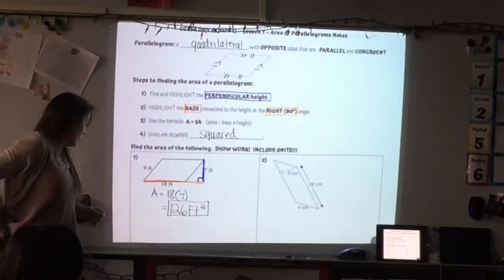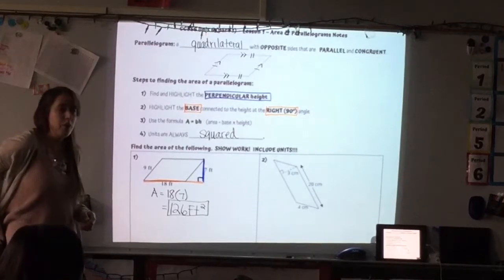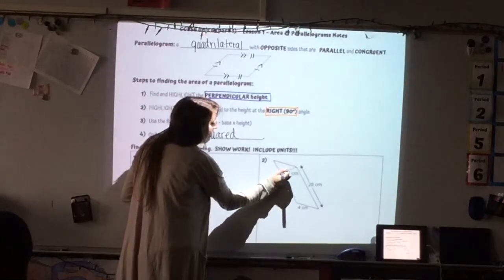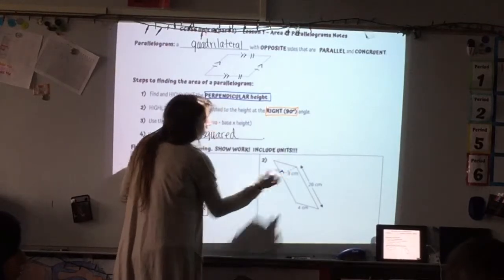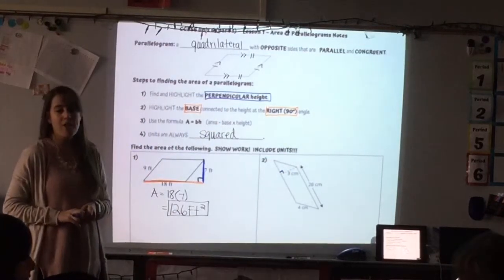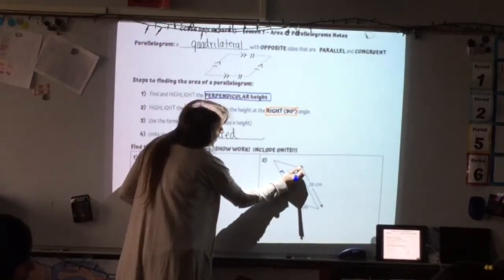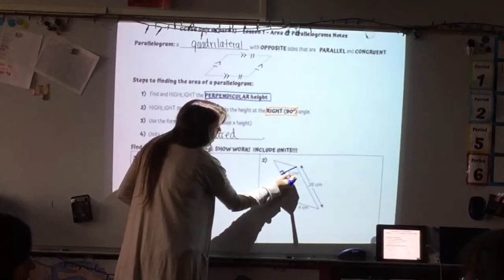All right, so number 2. First thing I'm looking for is that perpendicular height. So again, I'm looking for that 90-degree angle. Okay, and the measure that's attached to that 90-degree angle there, I'm highlighting with my blue for the height, is this dotted line here.